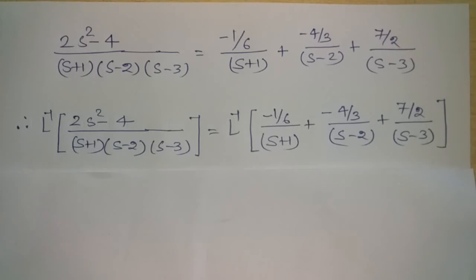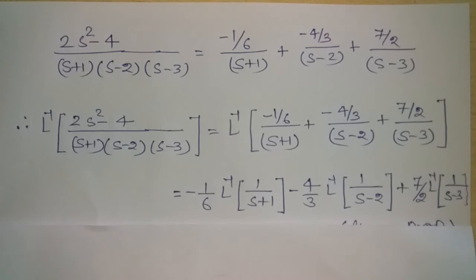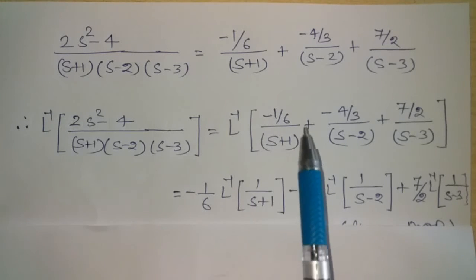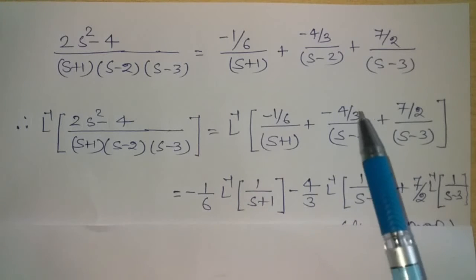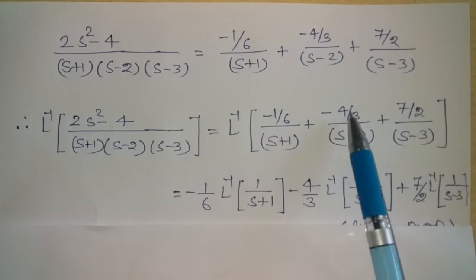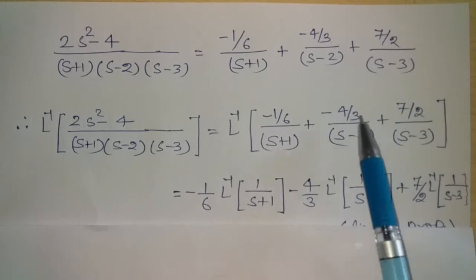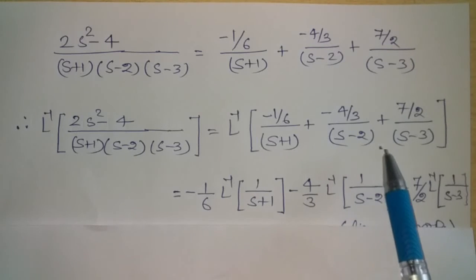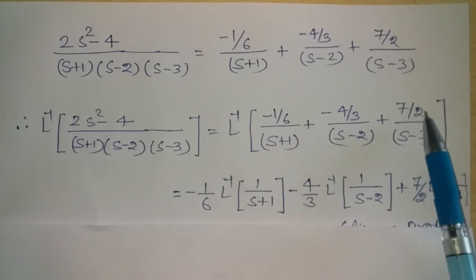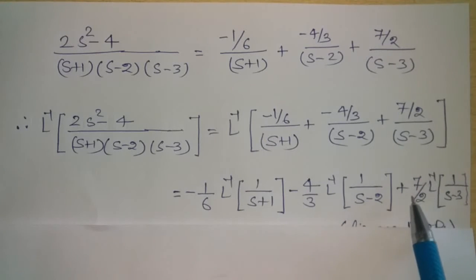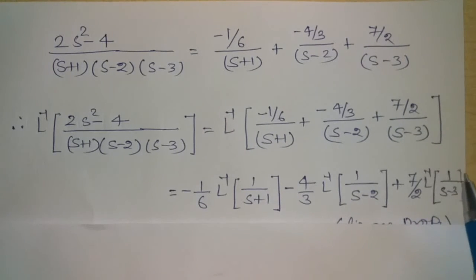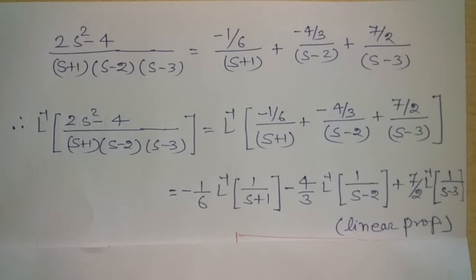So after applying the linear property, this inverse Laplace transform is equal to minus 1 by 6, constant multiple so as it is, into inverse Laplace transform of 1 upon s plus 1. Here minus 4 by 3 is a constant, so as it is, we have minus 4 by 3 into inverse Laplace transform of 1 upon s minus 2, plus 7 by 2, constant multiple as it is, into inverse Laplace transform of 1 upon s minus 3. So we apply the linear property.